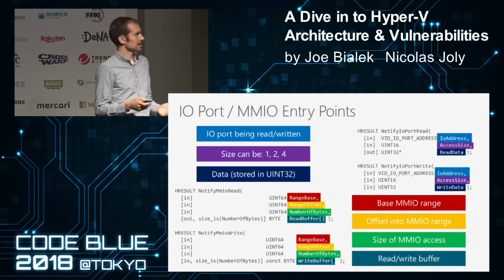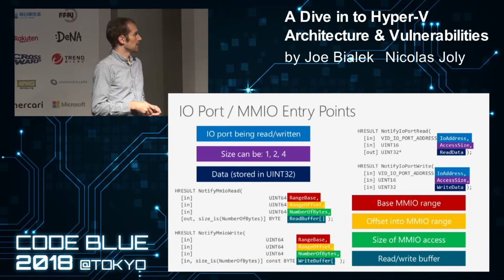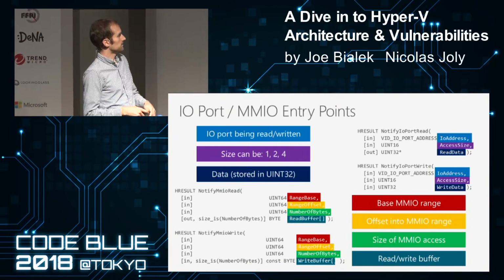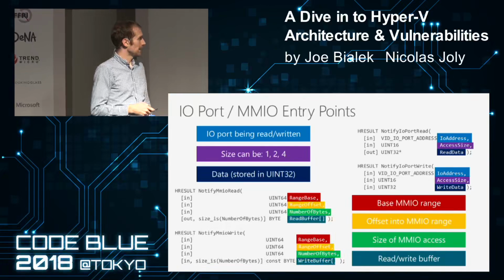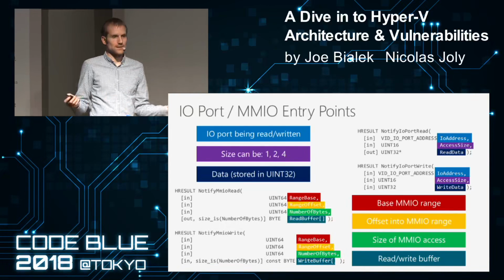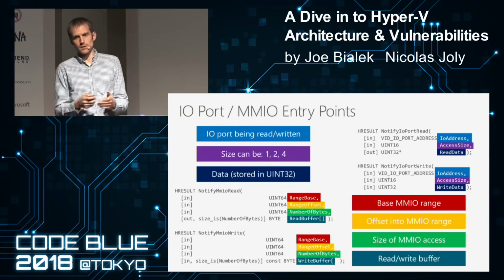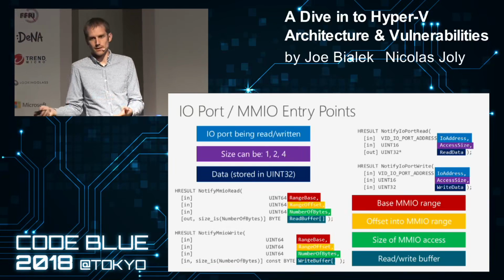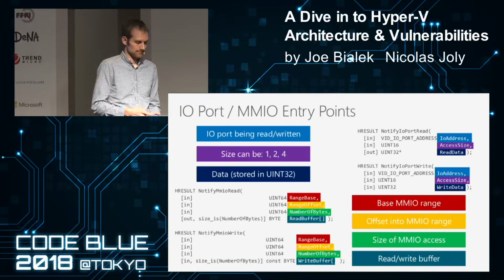And it's pretty much the exact same story for MMIO. You have to implement these two functions, and you'll be informed of the number of bytes that are being read or written, and given a pointer to the buffer that either contains the data or that needs to be populated with the data.